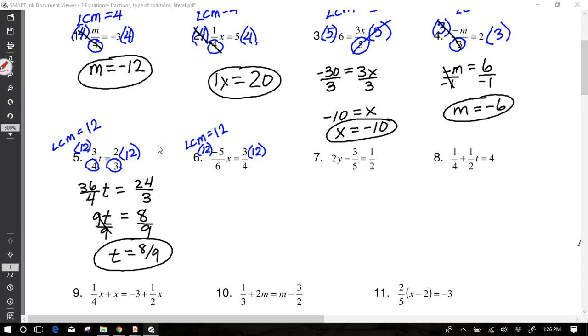So 12 on top and 6 on bottom. 12 divided by 6 is 2 over 1. And then what I could do is 2 times the -5, and I get -10 over 1, which is just -10.